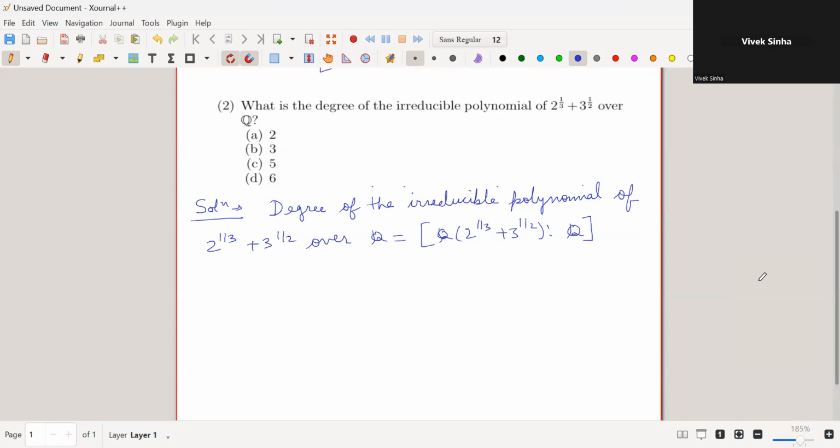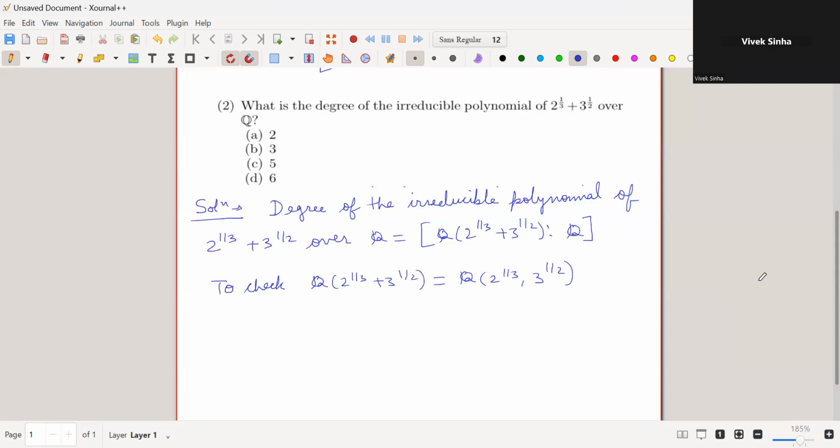And you can check that Q(2^(1/3) + 3^(1/2)) as a field is the same as Q(2^(1/3), 3^(1/2)). That you can check.